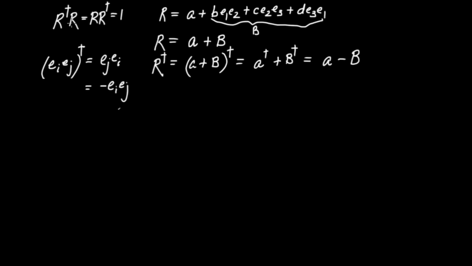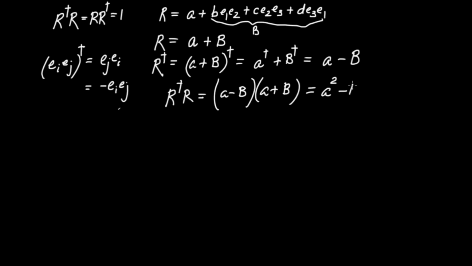Let's apply this property of the rotor, which is that R dagger times R is equal to 1. So let's consider R dagger R. That's A minus B times A plus B, which will be A squared minus B squared. So just the square of the scalar, then minus the square of the bivector.